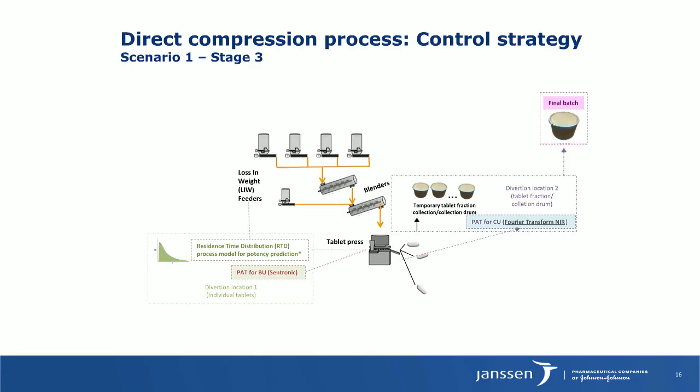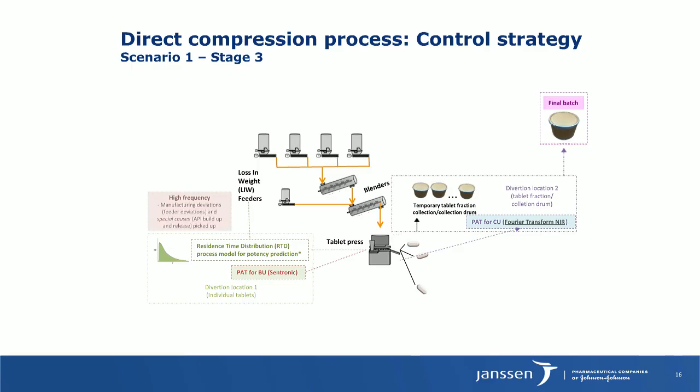Now, let's go through some different scenarios. So the first scenario of the control strategy is actually our preferred one, which was in one of the previous slides. It was stated at stage number 3. So we have all three tools available. We have the RTD tool, we have the Sentronic tool, and we have the PAT-CU tool.